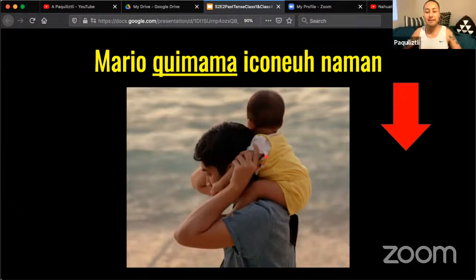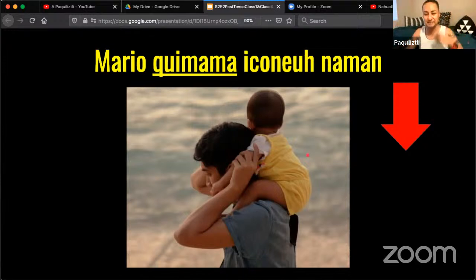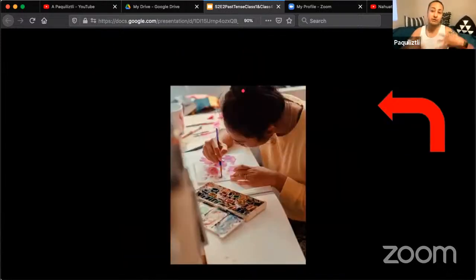Okay, and Mario kimama carries. So yeah, kena. Ikone naman. Ikone, baby. It is baby, but specifically his baby. So if you go back to the class on possessives, you'll learn that ikone means his baby. This is the his part. Okay. So now ikatlempanok.